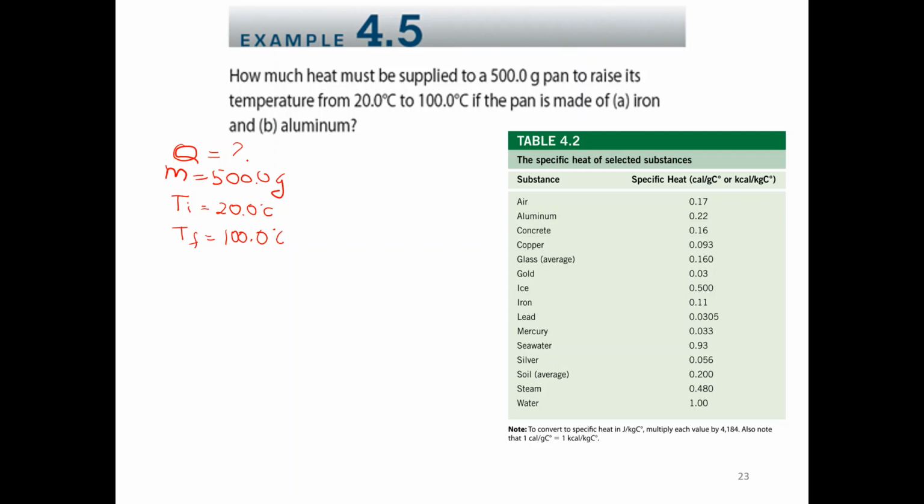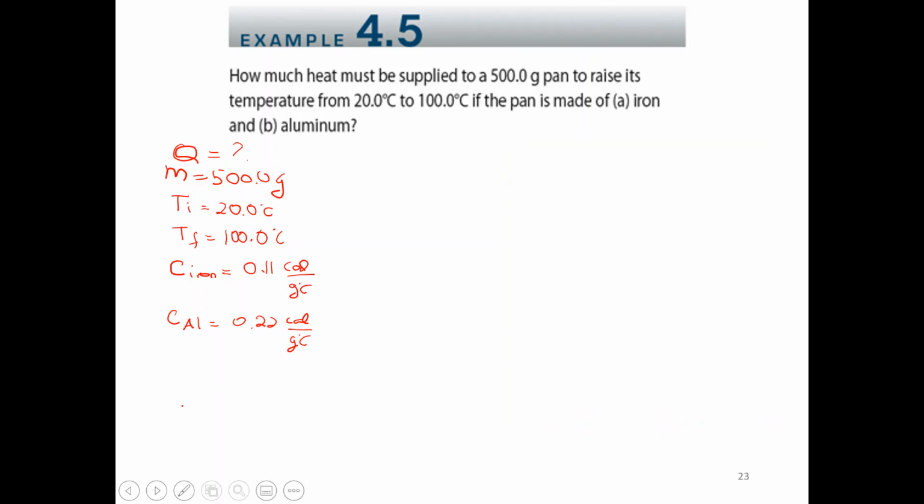If it's iron, the specific heat for iron is 0.11. For aluminum, it is 0.22.